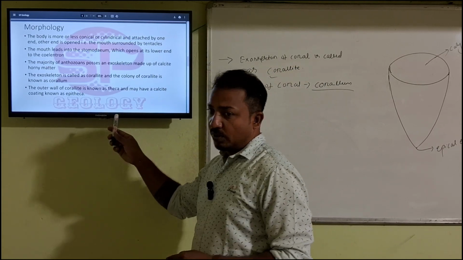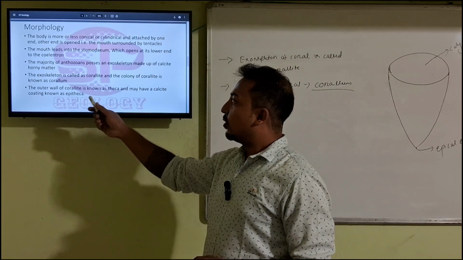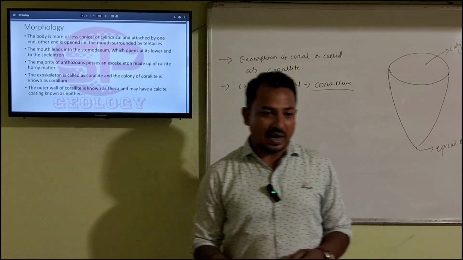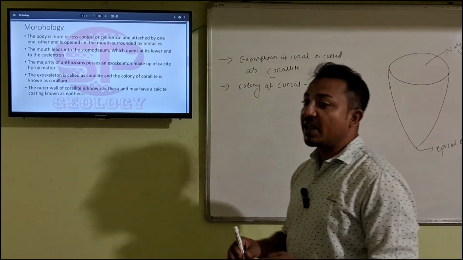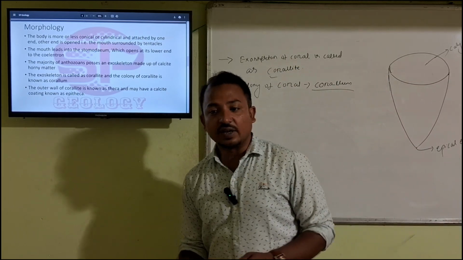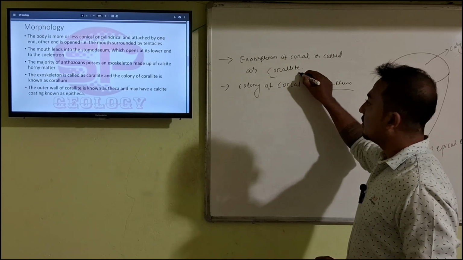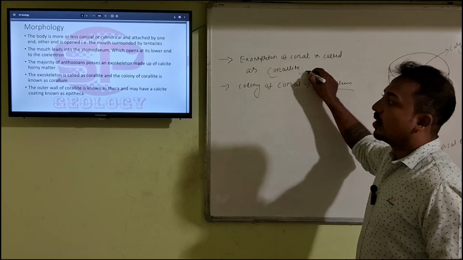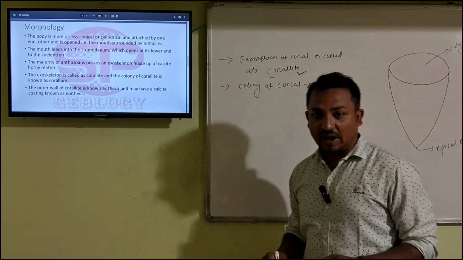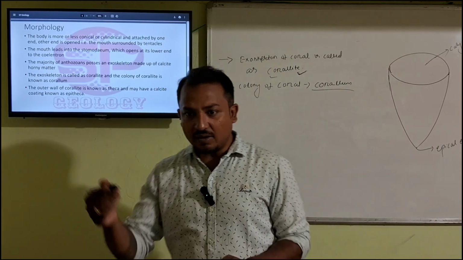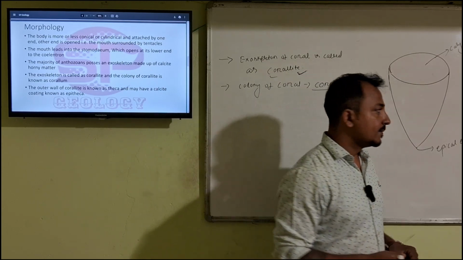The corallite can have two layers. The outer wall of the corallite is called theca. It may have another coating that is called epitheca. So the exoskeleton is called corallite, the outer wall of the corallite is called theca, and it may have another covering called epitheca.